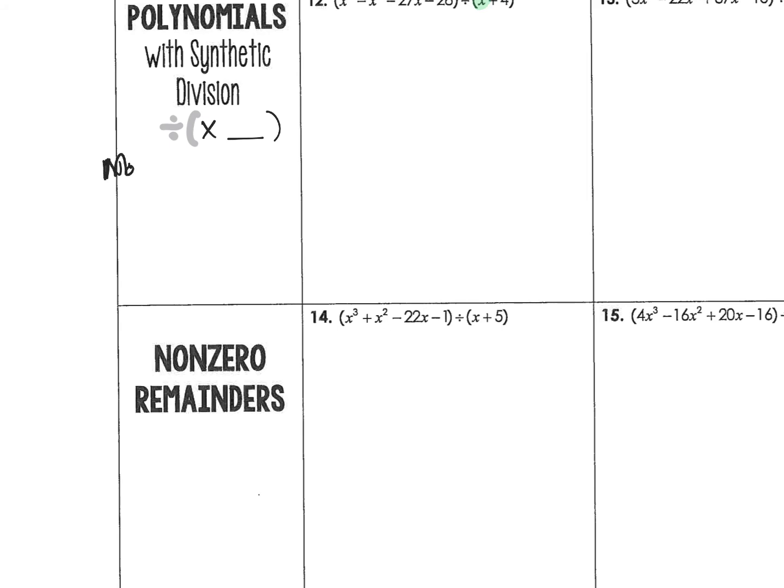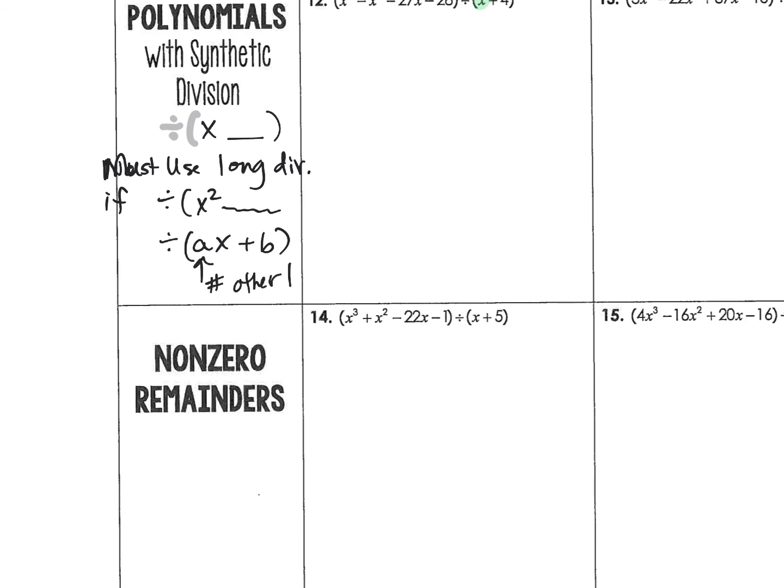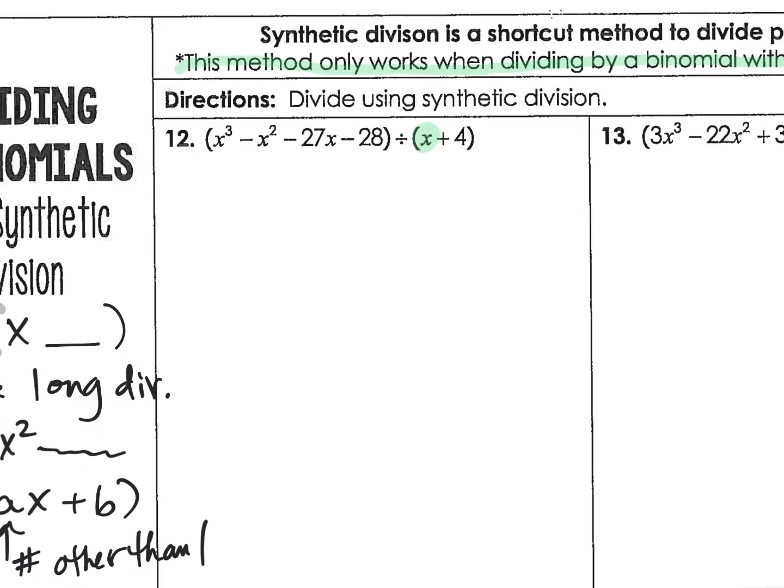And you must use long division if you're dividing by an x squared or something with a number out front, like ax plus b. There's a number other than 1.